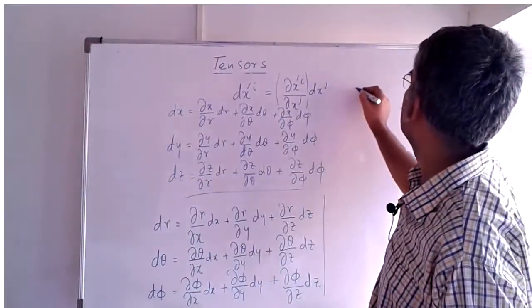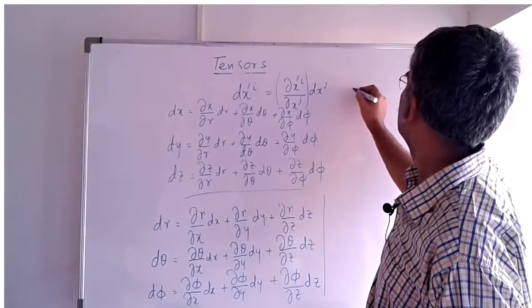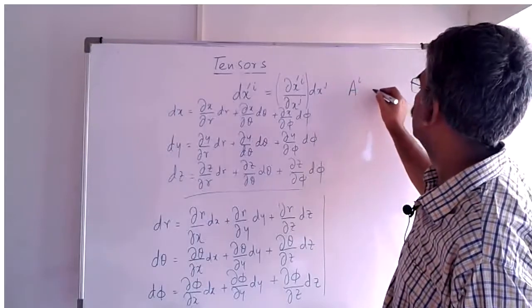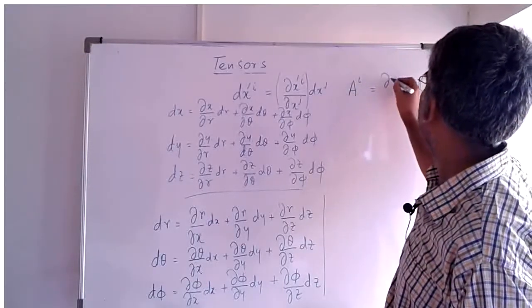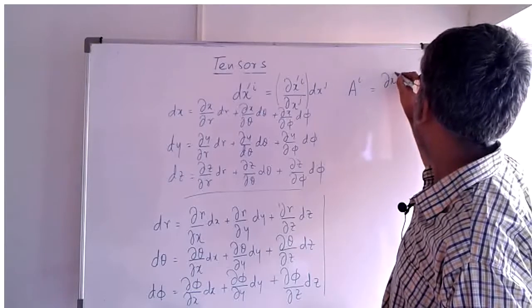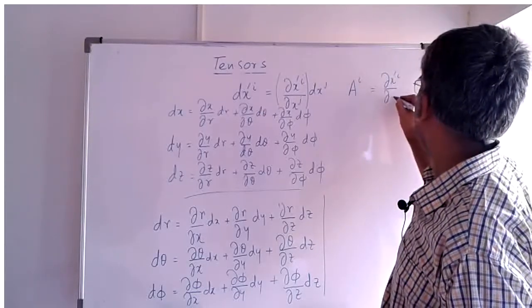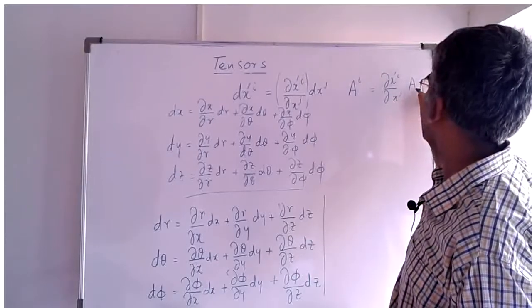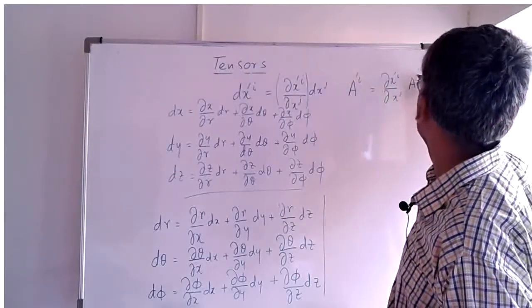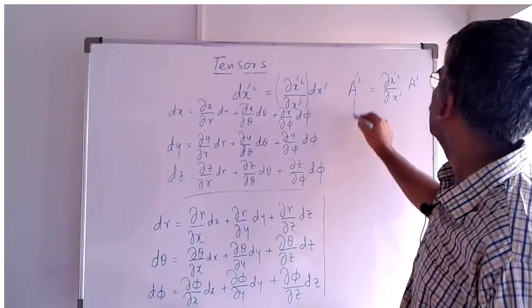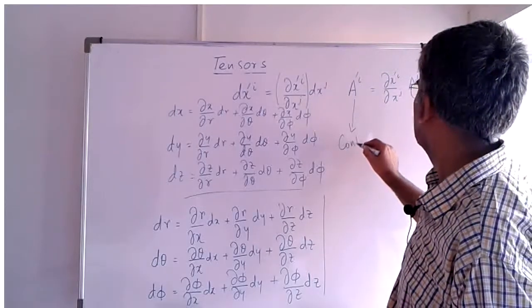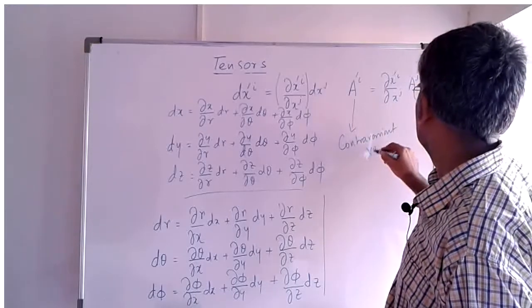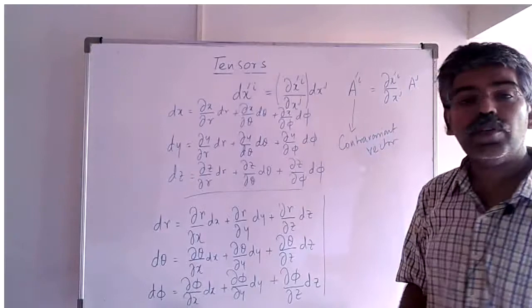Suppose a vector A i prime equals del x prime i del x j A j. So this is a contravariant vector. And what is a covariant vector?